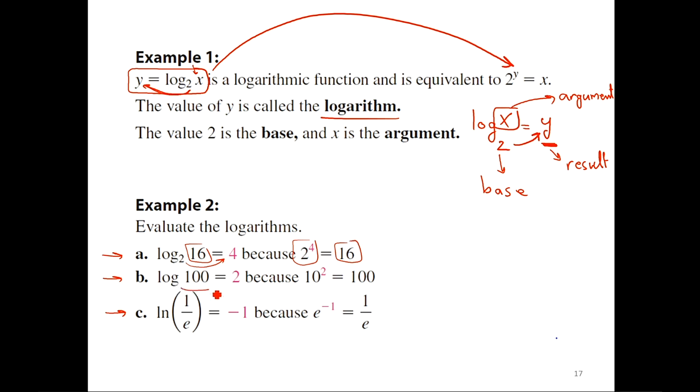So 10 to the power 2 equals 100. This is logarithm with base e of e to the power negative 1. e to the power negative 1 equals 1 over e. Okay, any question about this slide? Any question?